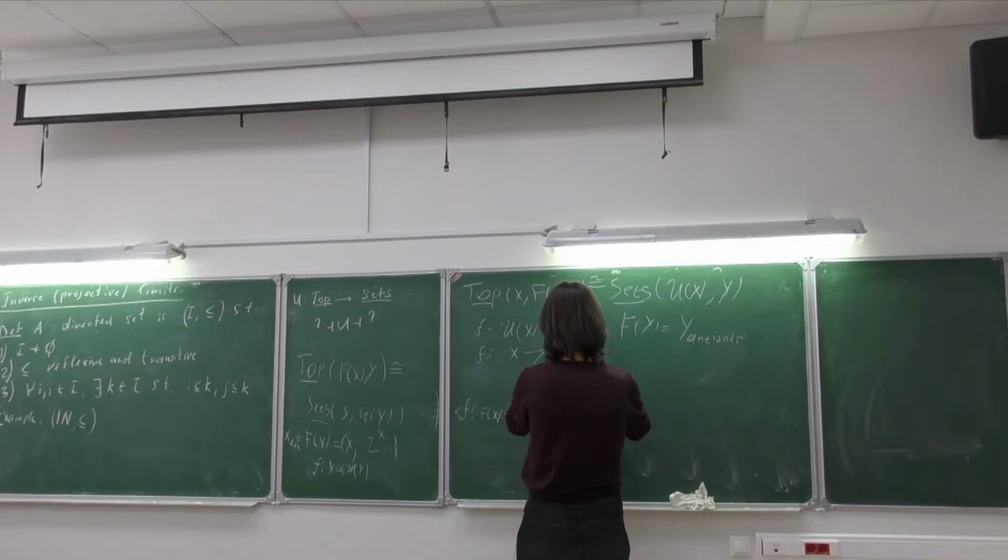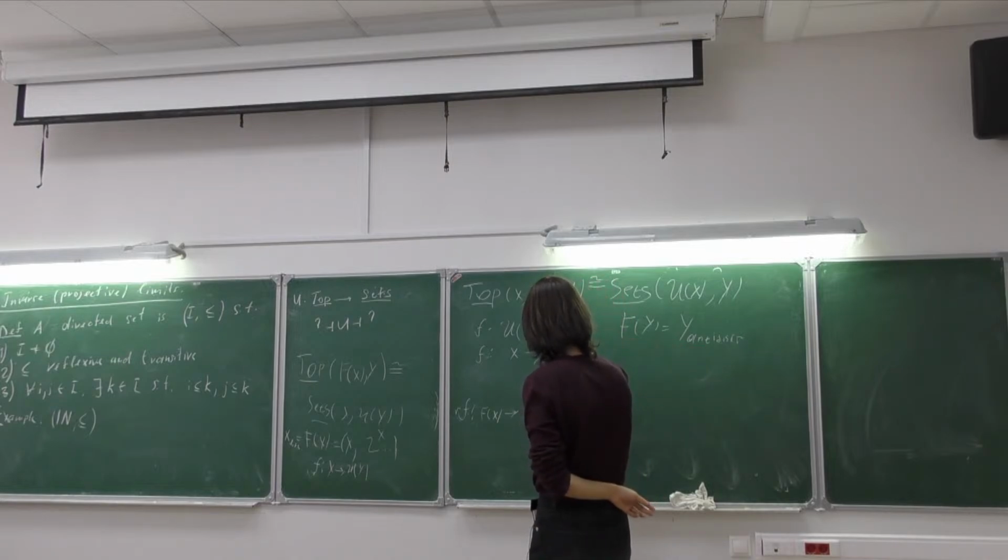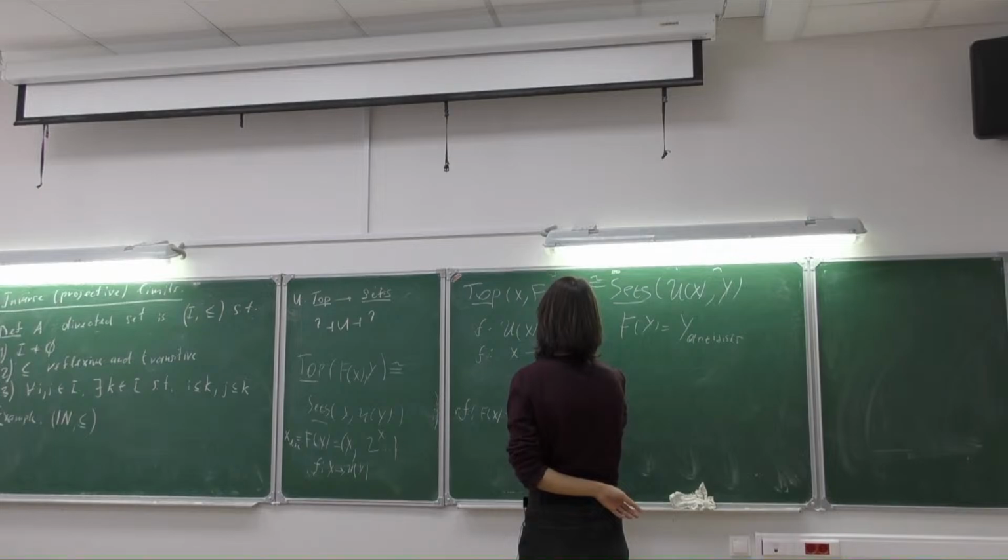But what are the open subsets in Y with anti-discrete topology? It is the empty set. It is clear that it goes to the empty set. And we have the whole Y, but it goes to X and it is open.